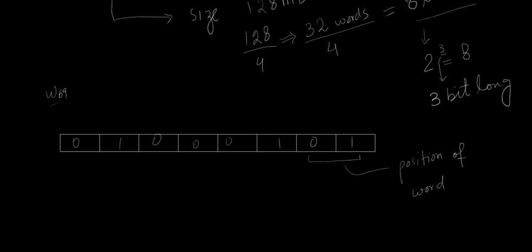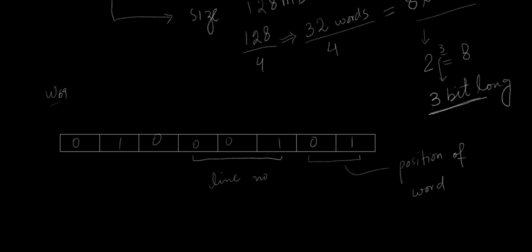Now, our line number has a 3-bit address. So exactly after the word position, the next 3 bits are going to indicate the line number where our block is. Once we know where our block is, we already know the position of the word.